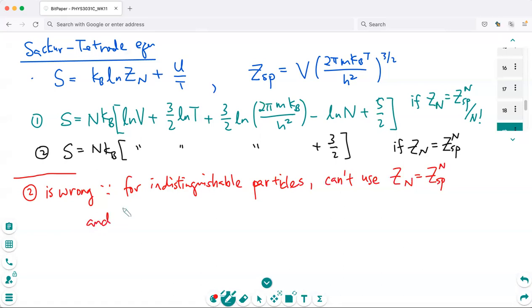One student got it right. Now the incorrect expression, I want you to look at this and try to recognize what's wrong. 2 is wrong.